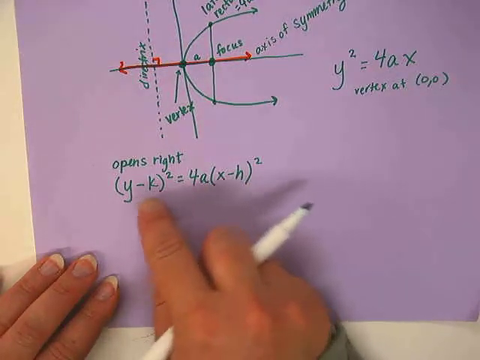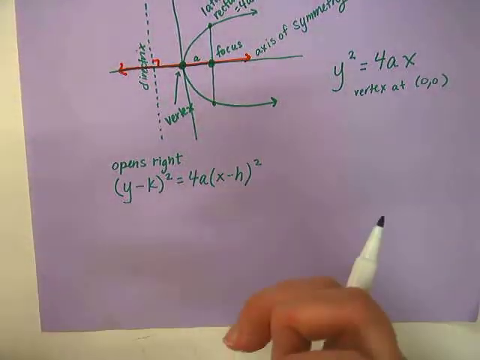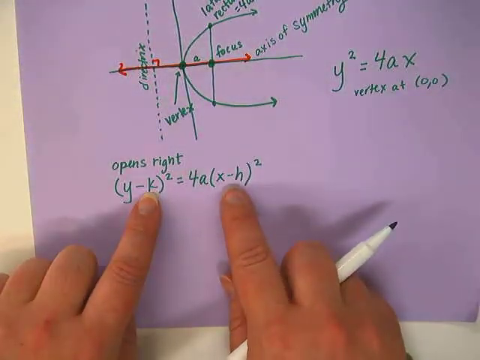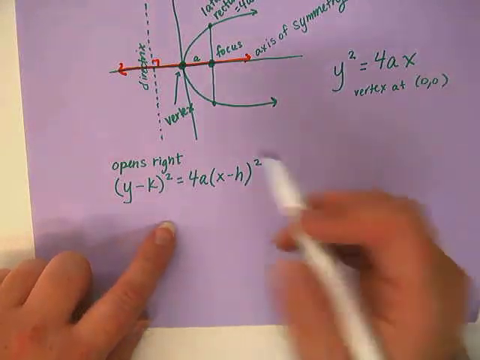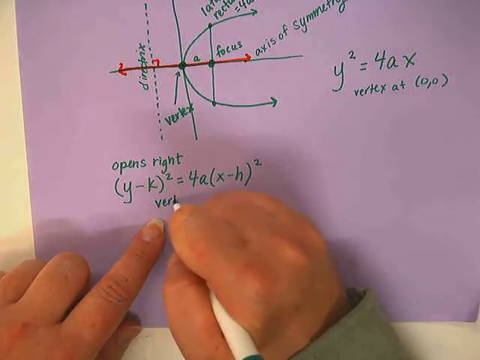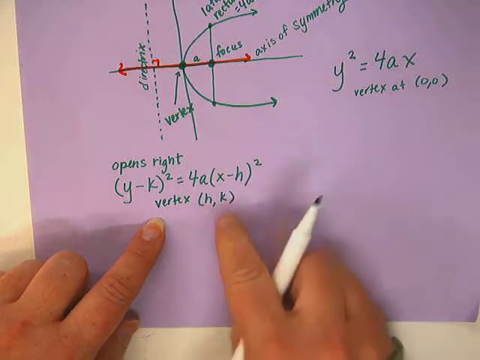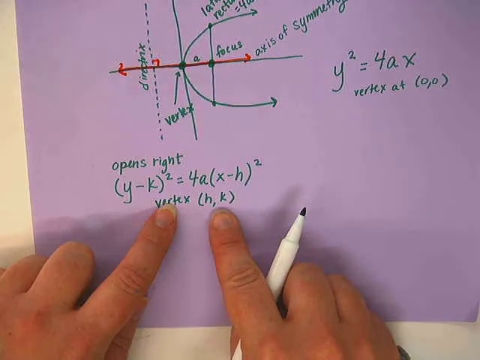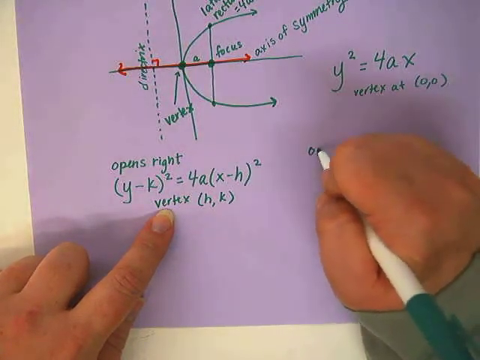And h always went with the x value and k always was the y value. So notice how the h is with x here and the k is with y over here. And since they're in the parentheses, are they going to move the direction that it looks like they'll move? No, they're going to be the opposite direction. So this vertex will be located at positive h, positive k.